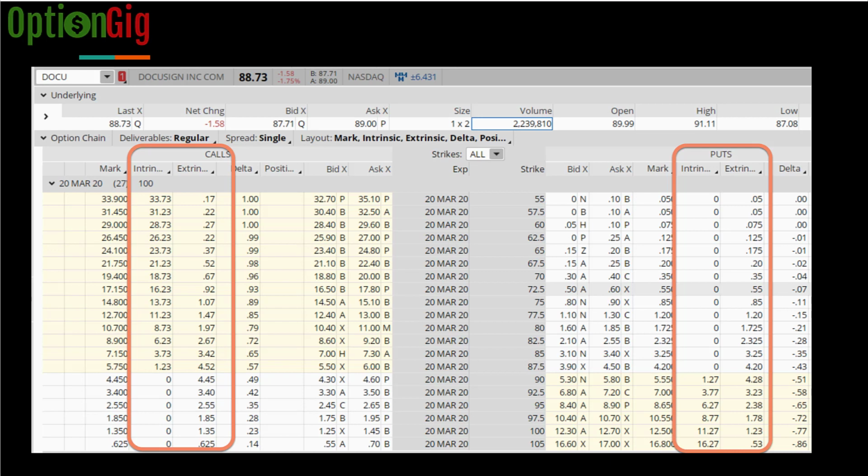Now conversely, on the put side, all the strike prices higher than 88.73, meaning from the 90 strike price onwards, are in the money.